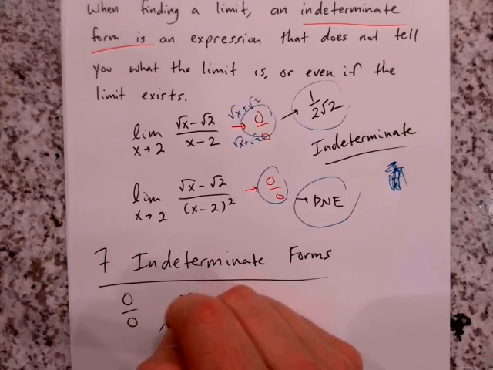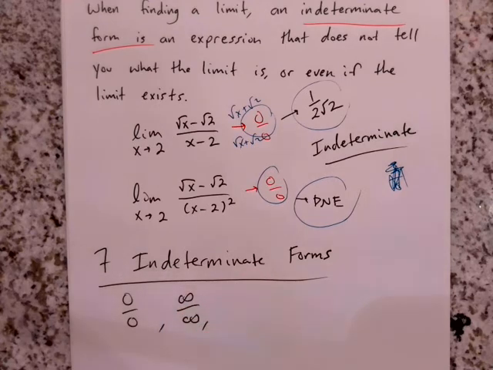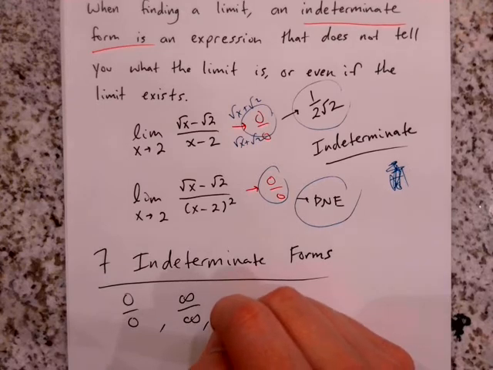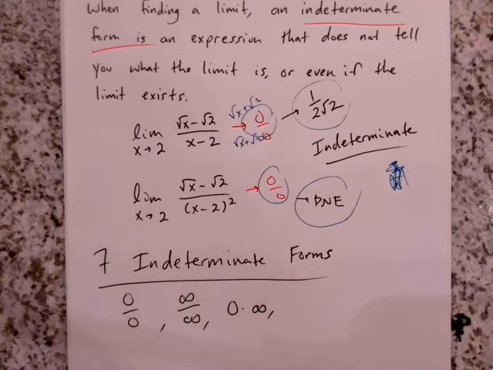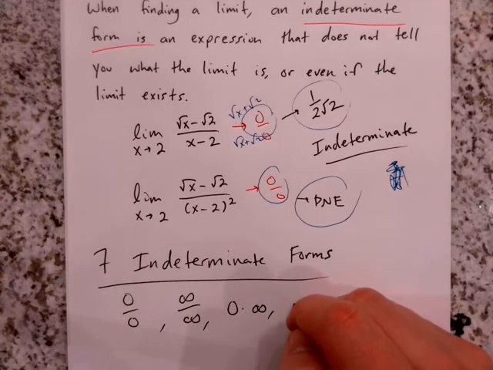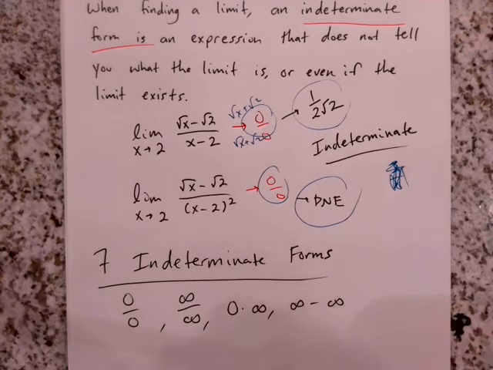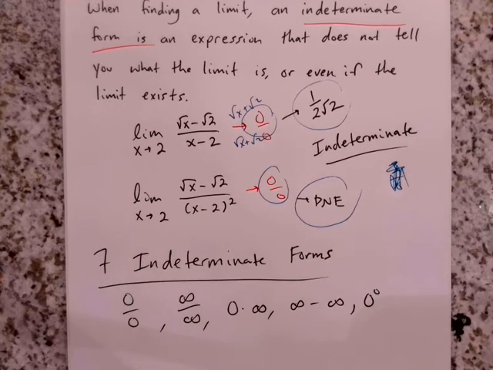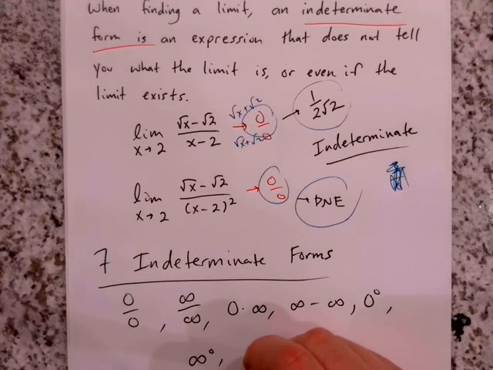It's also infinity over infinity is indeterminate. Either of these could be negative or both could be negative. Either way, that is indeterminate. It's also 0 times infinity. It's also infinity minus infinity. Also 0 to the 0th, also infinity to the 0th, and lastly 1 to the infinity.